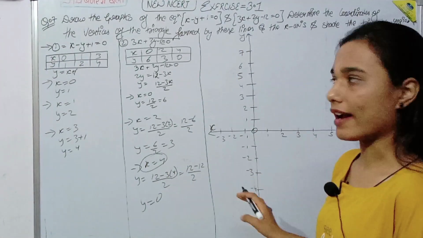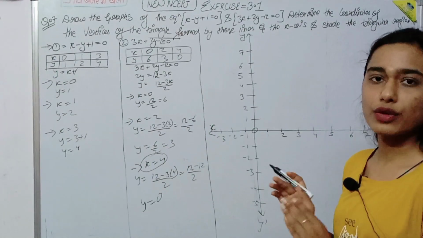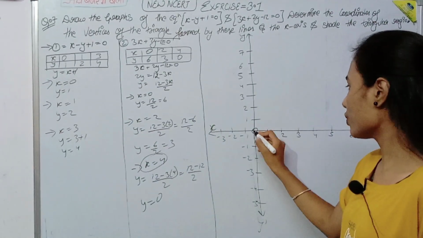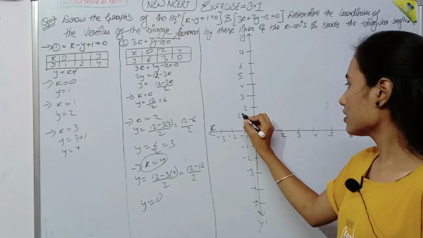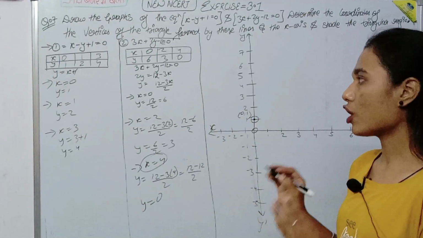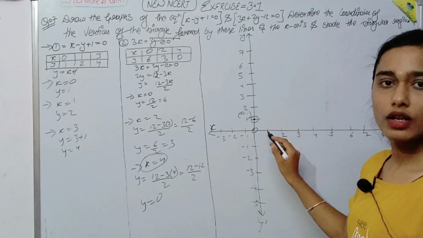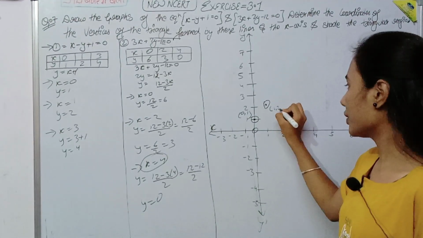Now draw a graph here. Firstly, the first equation, x equals 0, y equals 1. Point here, that is the 0, 1 point. The second point is 1, 2. On the x axis 1, on the y axis 2. This is the point 1, 2.